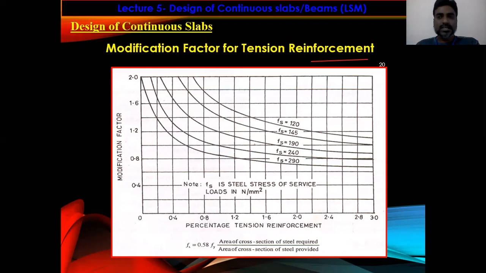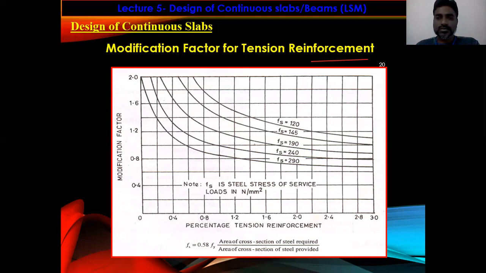Then you just calculate the actual L effective by D ratio for your designed slab. Then check whether it is exceeding the permissible limit or not. Right? If it is exceeded, then you need to redesign your slab.